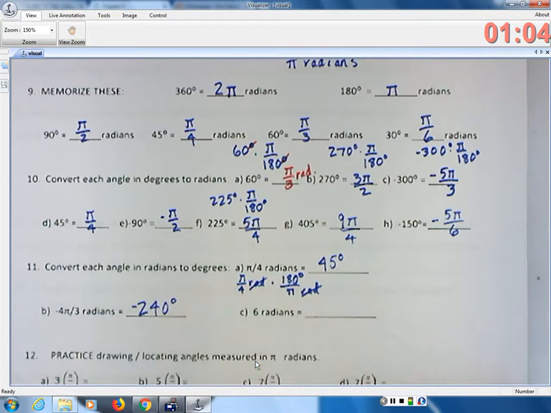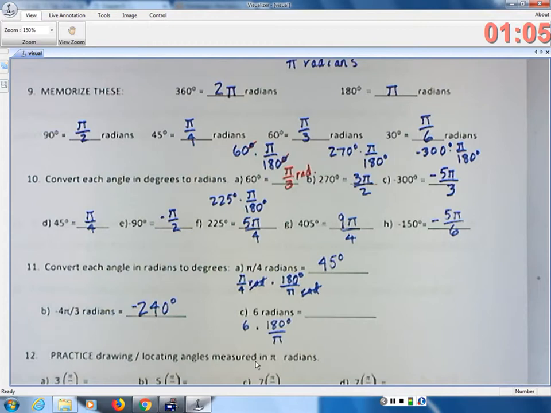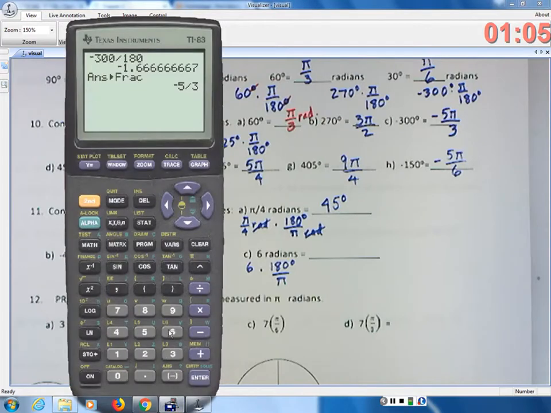And here, if you have 6 radians, and we want to multiply it by 180 over pi, we're dividing by pi now. We're not going to write that as an exact answer with pi, so we put that in our calculator. 6 times 180 divided by pi.